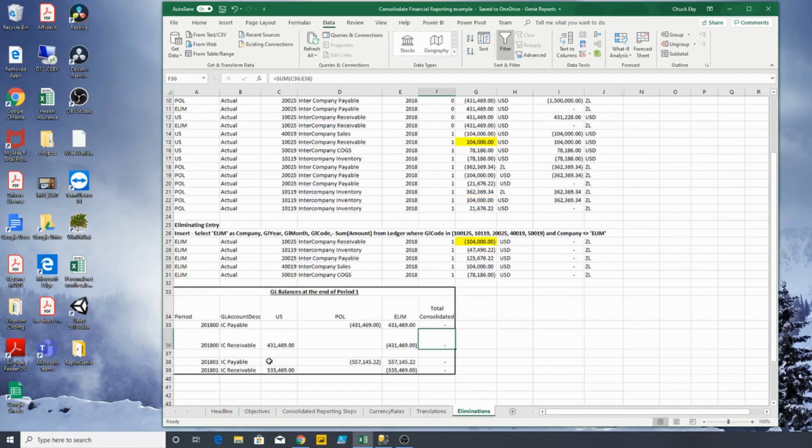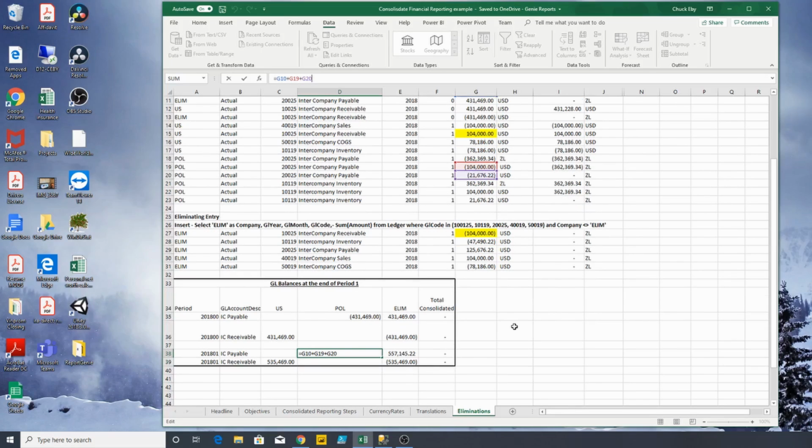Now let's look at what happens in period 1. This is on a cumulative basis because these are balance sheet items. So if we look here, this 557,145 in the Polish business unit is the sum on a cumulative basis of all of the intercompany payable transactions in the Polish business unit.